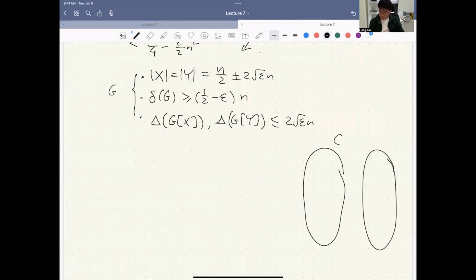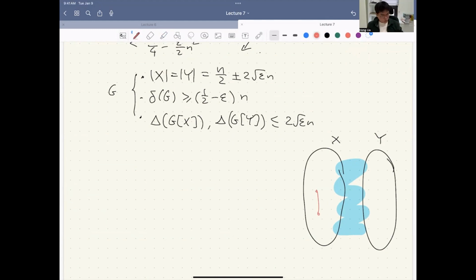imperfection. So let's draw this picture again, x, y. You have some edges going across. Let's try to prove that under this condition, we cannot have an edge at all.